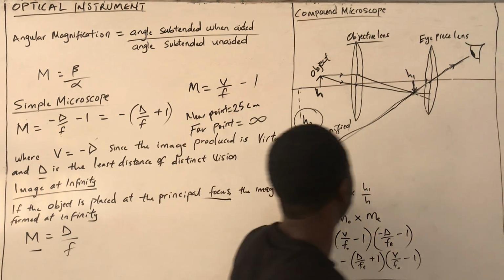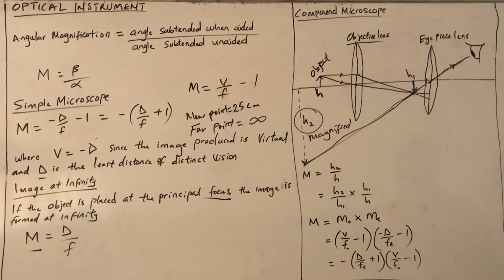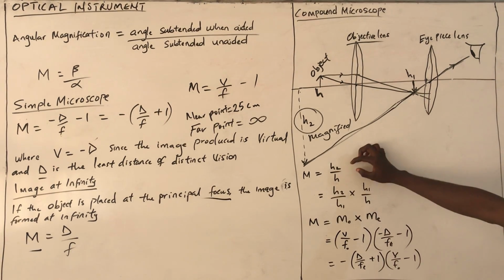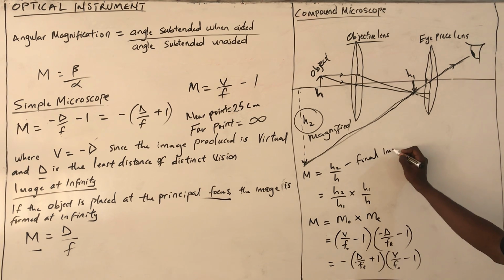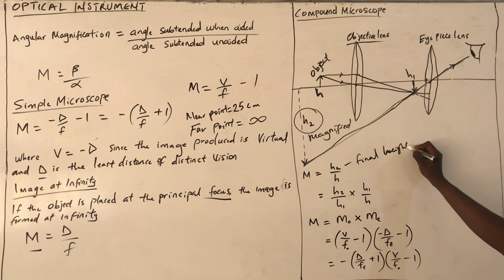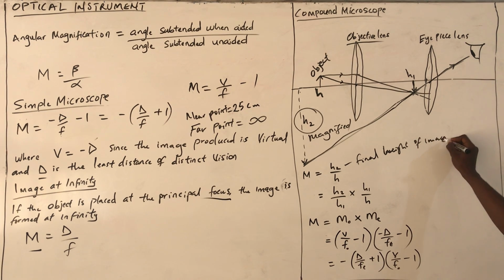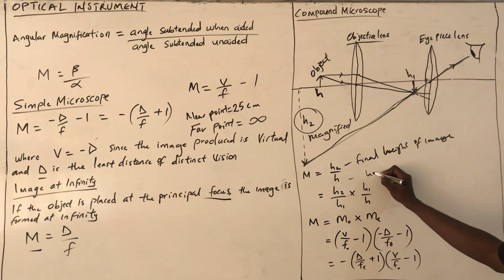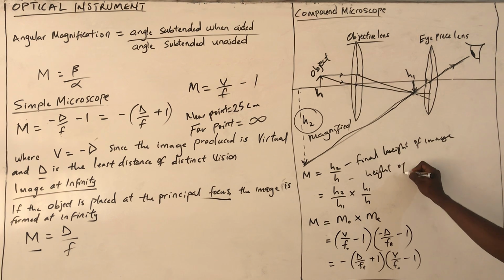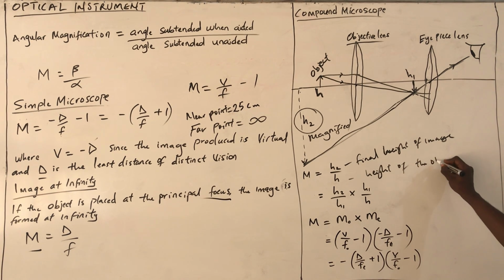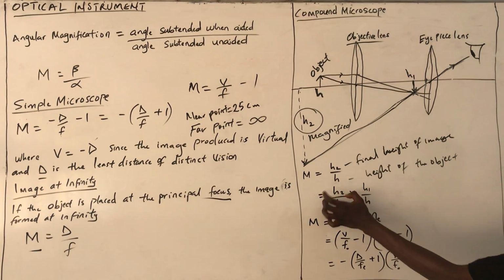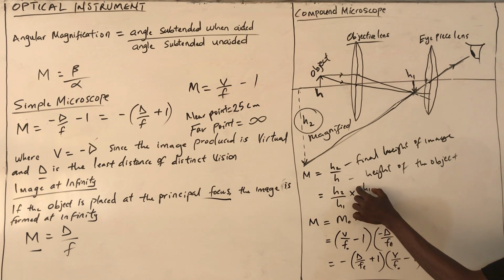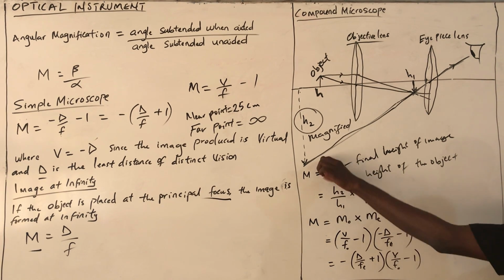Now we have the magnification equal to this, where H2 is the final height of the image and H is the height of the object. So when we have this, I can write it as H2 over H1 times H1 over H. If this cancels this, we go back to this.